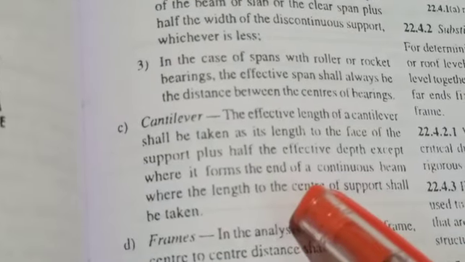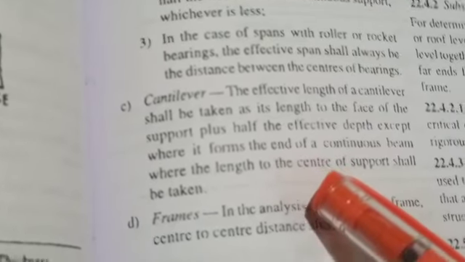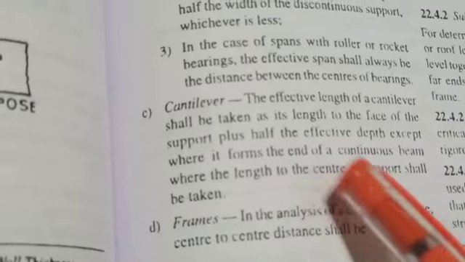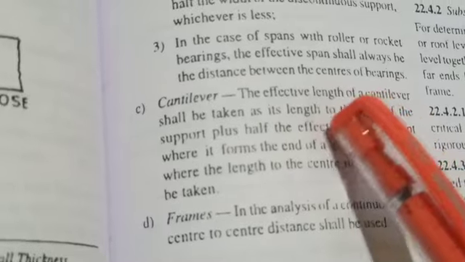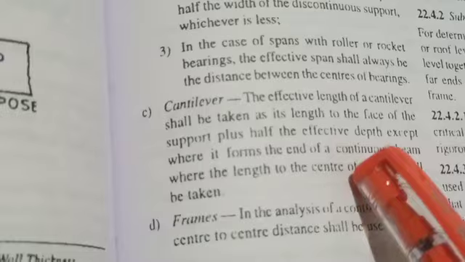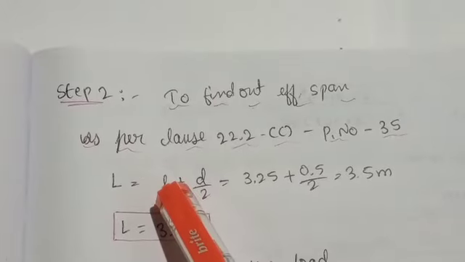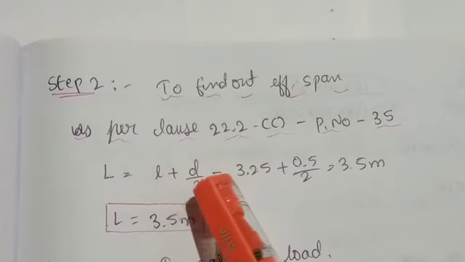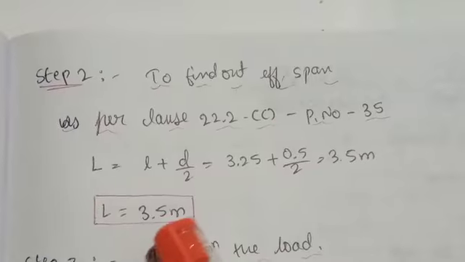So the effective span is the clear span plus effective depth divided by 2, that is L plus d by 2. Substitute and simplify this, we will get L is equal to 3.5 meter.